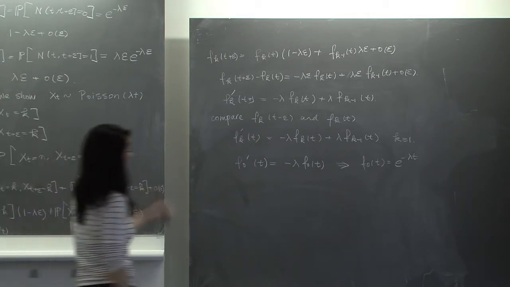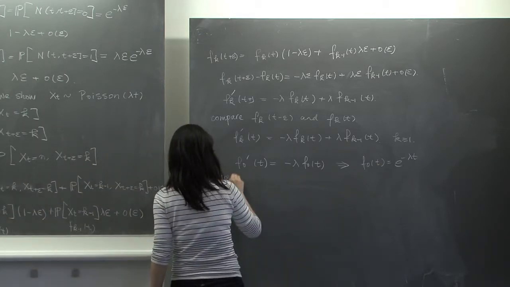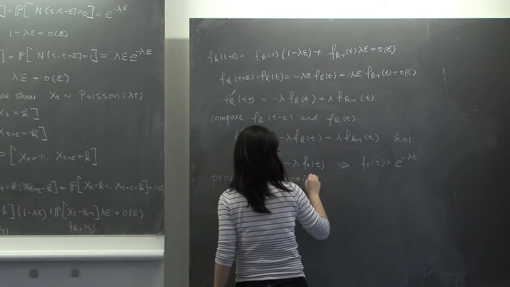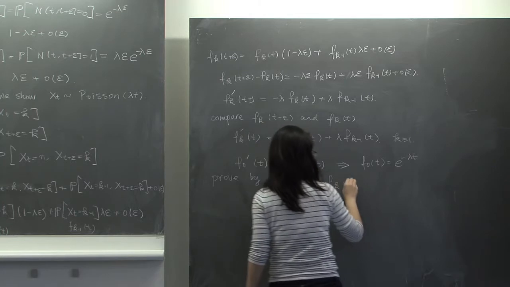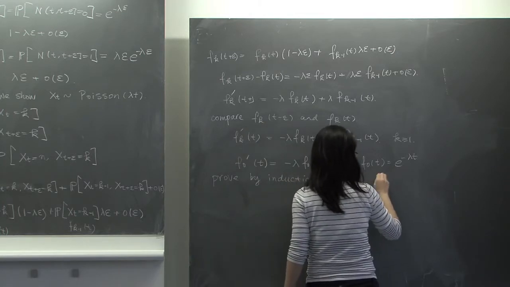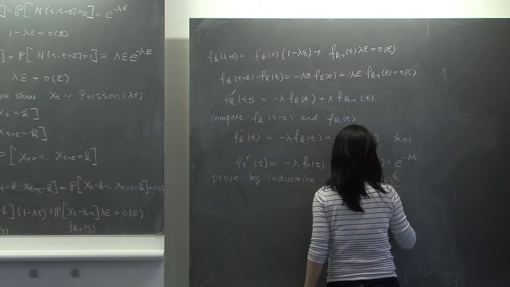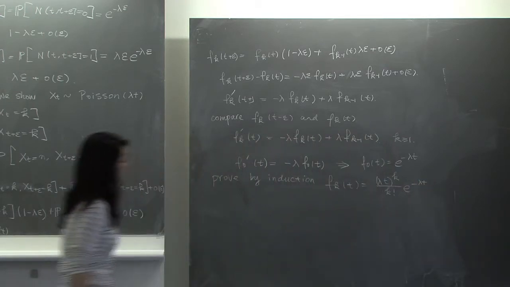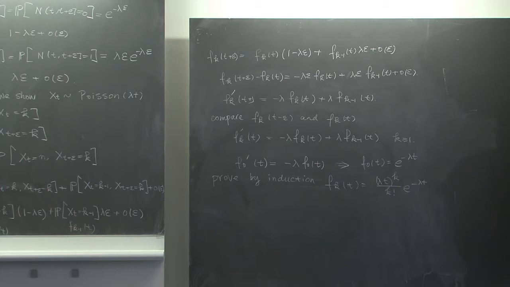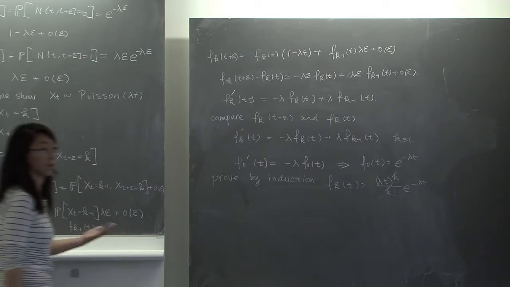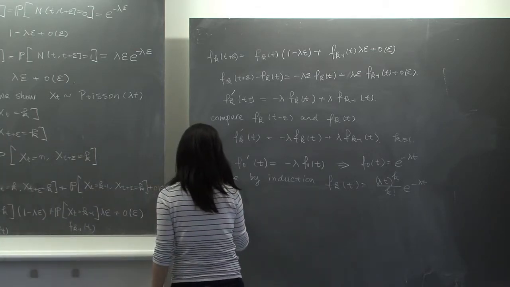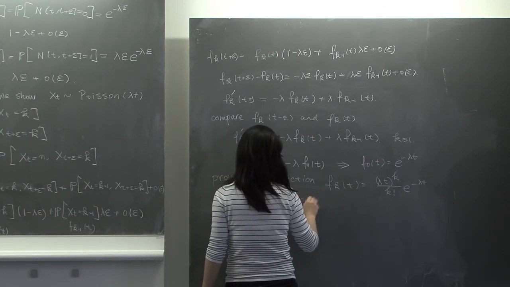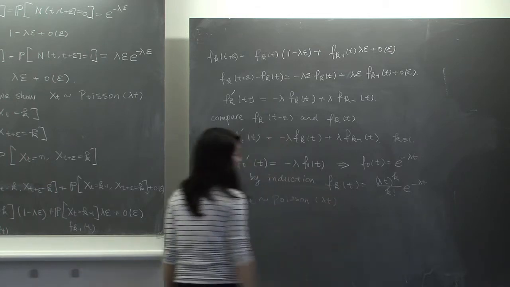And then we can prove by induction that f_k(t) has this form, and this is exactly the form we want. So this tells us X_t has the law of a Poisson random variable with intensity lambda t.